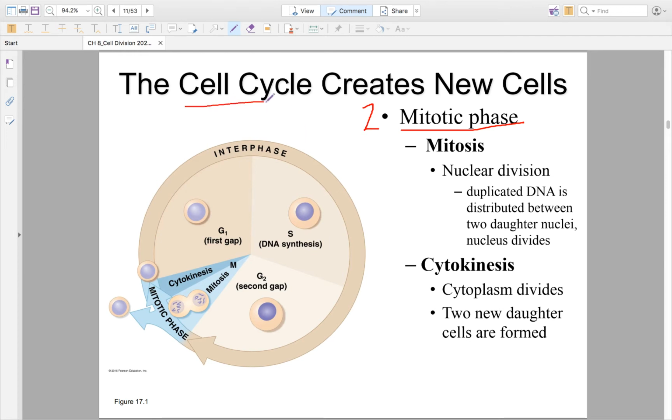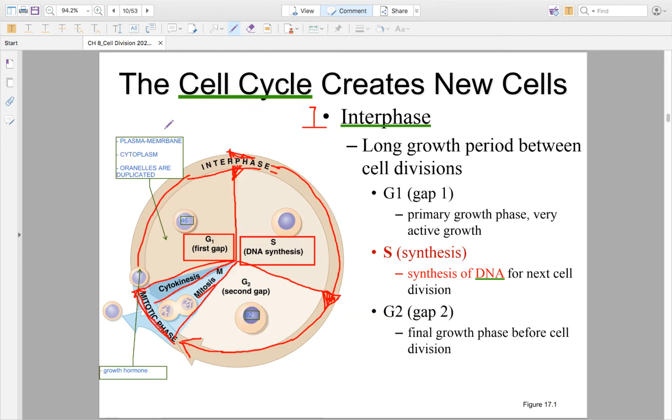That is in reference to the cell cycle. Now, if you were asked what the subphases of interphase are, then you would list off G1, S, G2, and of course you have to know what's happening in each phase.